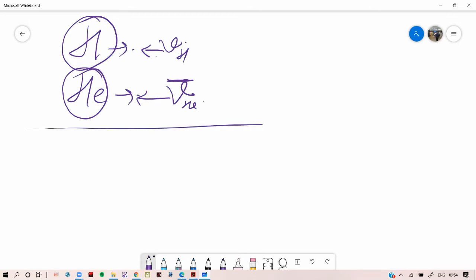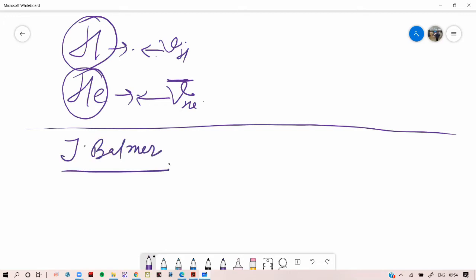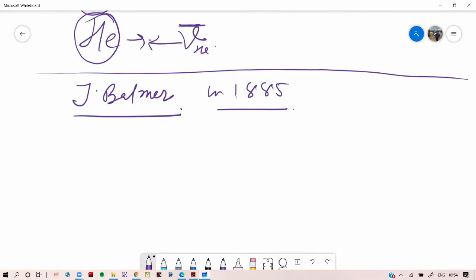And while working on this, J. Balmer, while working on the line spectra of the hydrogen atom in 1885, proposed that the frequencies are a series of lines.